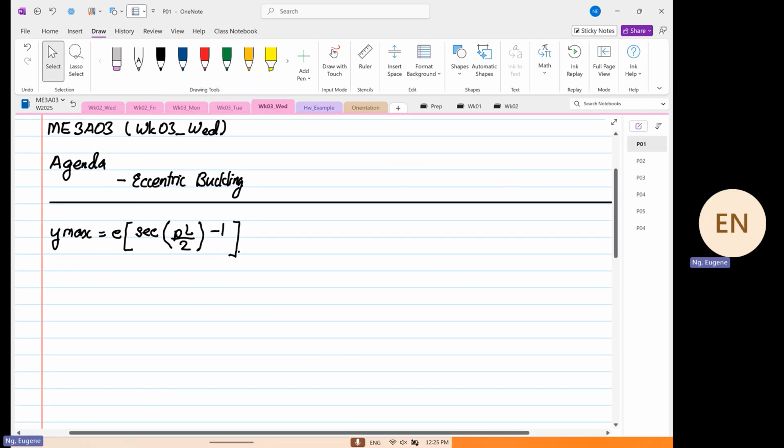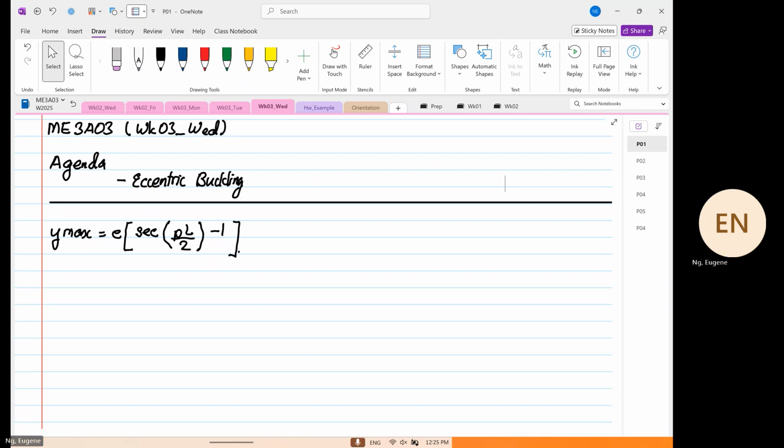So yesterday, we read out that Y max is equal to E secant P L over 2. Note that we know that small p is equal to square root of capital P over EI.